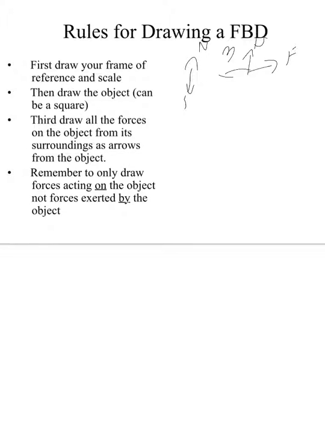Then, you draw the object. Really, it only needs to be a square. It doesn't even need to be that neat. Then you draw all the forces on the object as arrows from its surroundings. So let's say there's gravity pulling down. A normal force is keeping it from falling. And maybe we're pushing it forward, you'd have a force forward. And if there's a force of friction slowing it down, you'd draw that at the back, and then you'd label them.